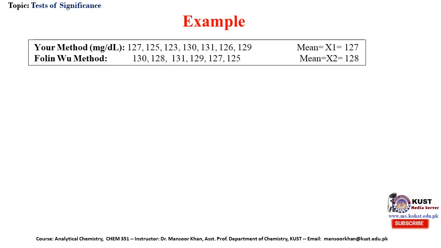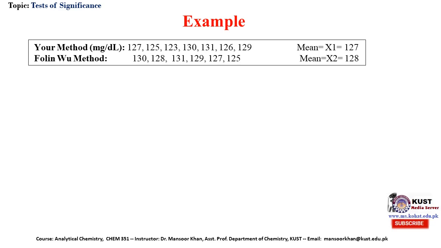Here we will take a very simple example. The first one is your method, and the standard method used for comparison is the Falun Wu method. Your method gives data which consists of 127, 125, 123, 130, 131, 127, 129, and the mean of the data set is x1, which is equal to 127.